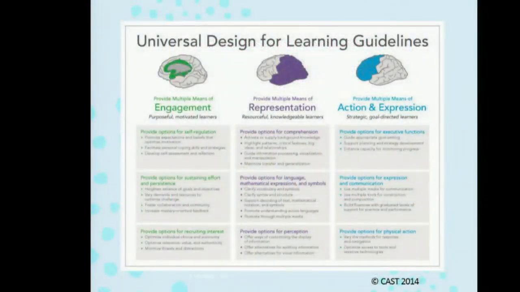They're all about planning and expression. As we plan our learning, strategically express ourselves, and act on the environment to show others what we know and what we're able to do, we're activating our strategic networks. And UDL suggests that you provide multiple means of action and expression as you do that.